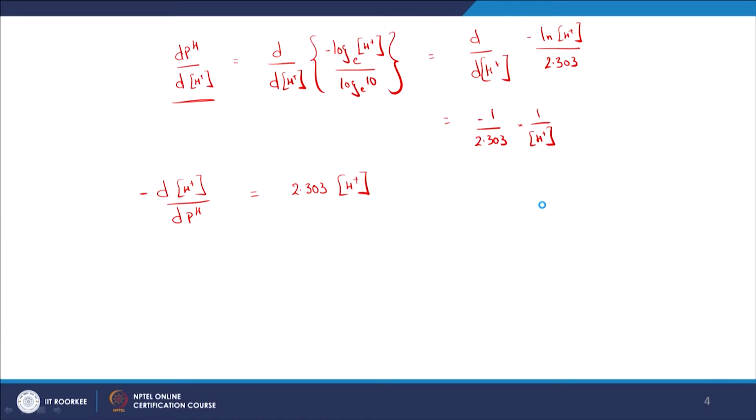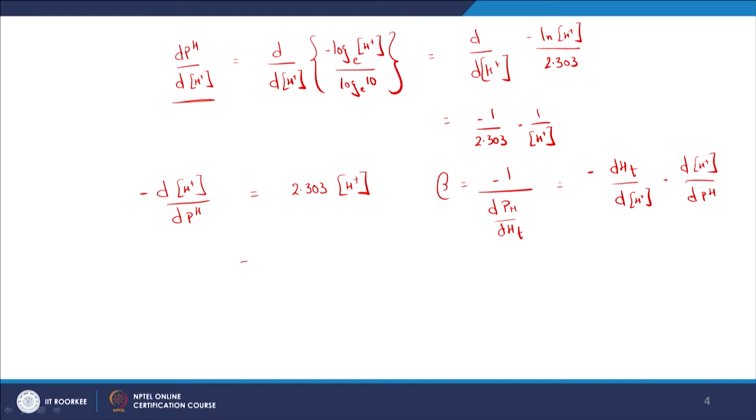The buffer intensity, the beta, will be equal to what now? Minus 1 by the derivative of pH with respect to h total. This is what we had, right? And we express this as minus dh total with respect to h plus into the derivative of h plus with respect to pH, right?